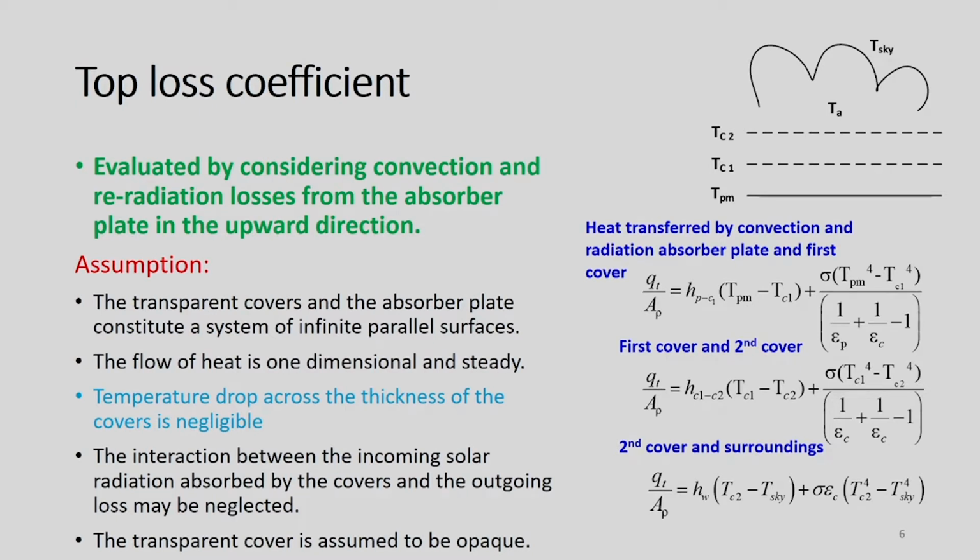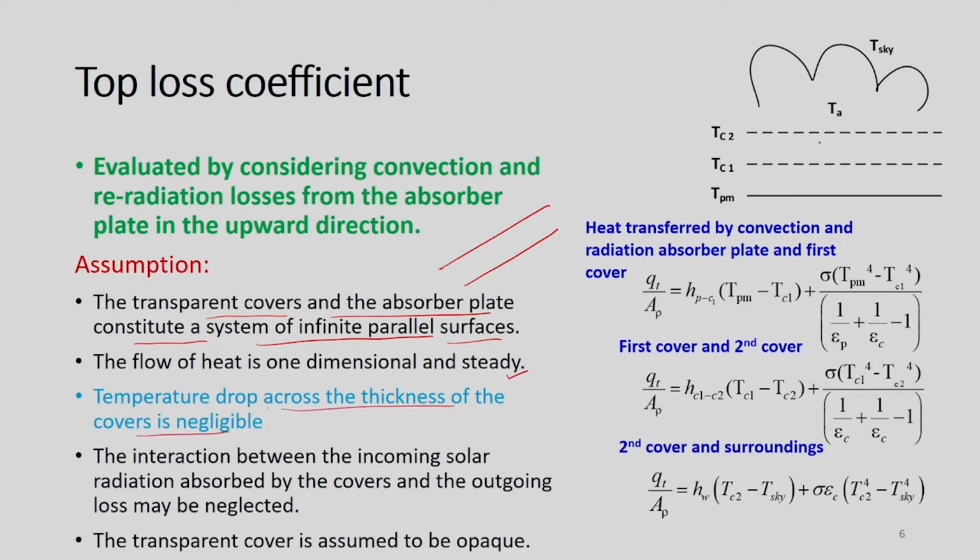There are some assumptions while evaluating it. First, the transparent covers and the absorber plate constitute a system of infinite parallel surfaces, so it is assumed that the plates are infinite. The flow of heat is one dimensional and steady. The temperature drop across the thickness of the cover is negligible.